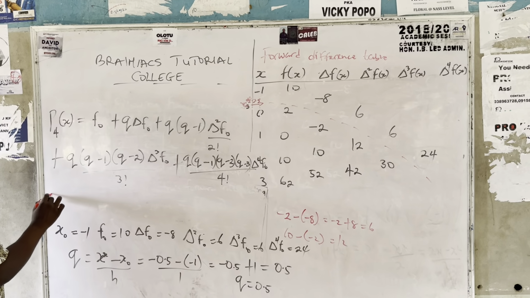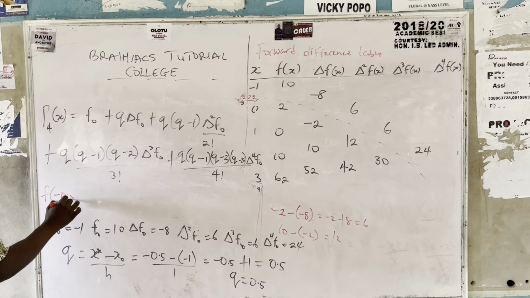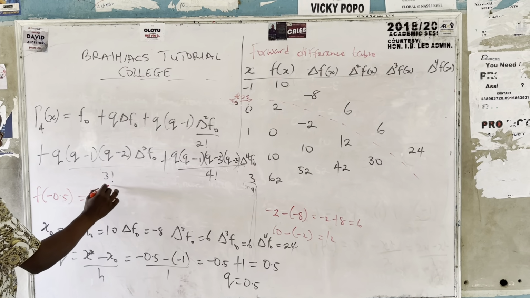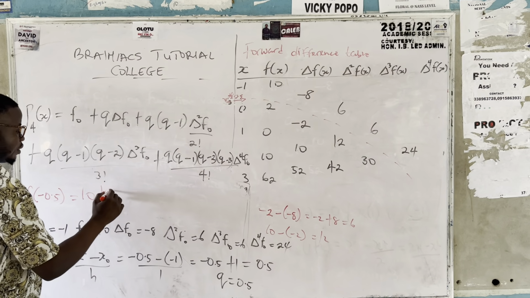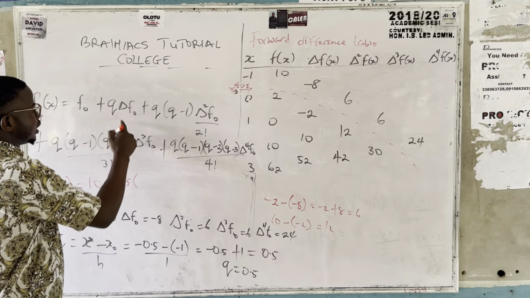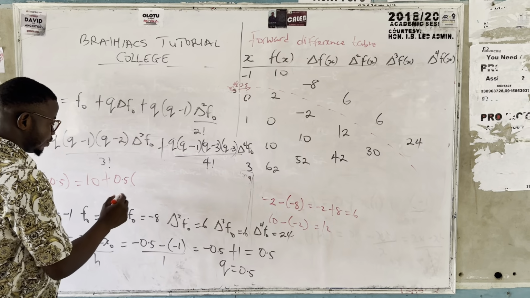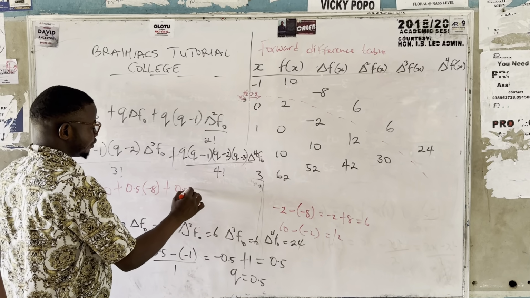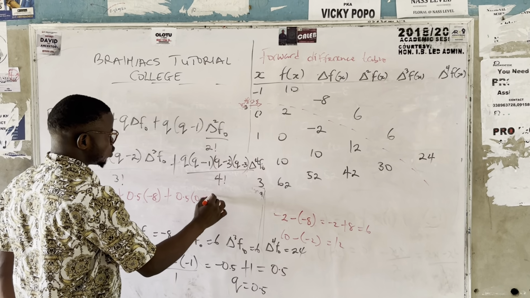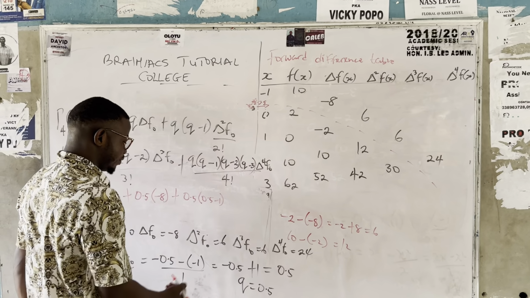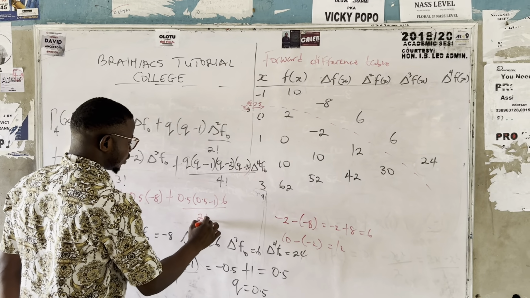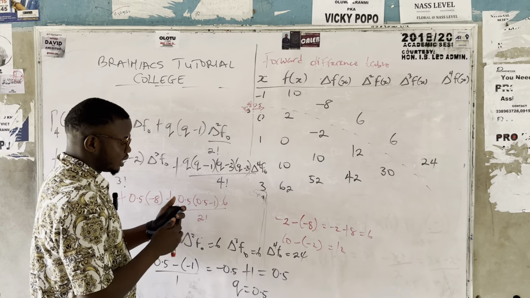So I need to have F of minus 0.5 is equal to the value of F naught, which is 10, plus 0.5 times the value of delta F naught, which is negative 8, plus 0.5 in bracket 0.5 minus 1, then delta raised by 2 F naught, the value of that one is 6, over 2 factorial. Then we still have plus.